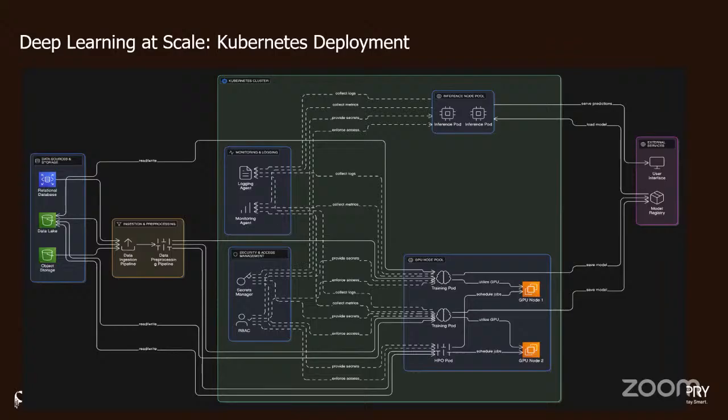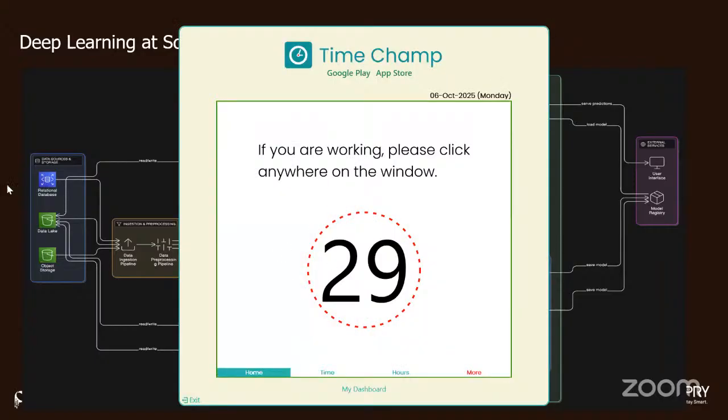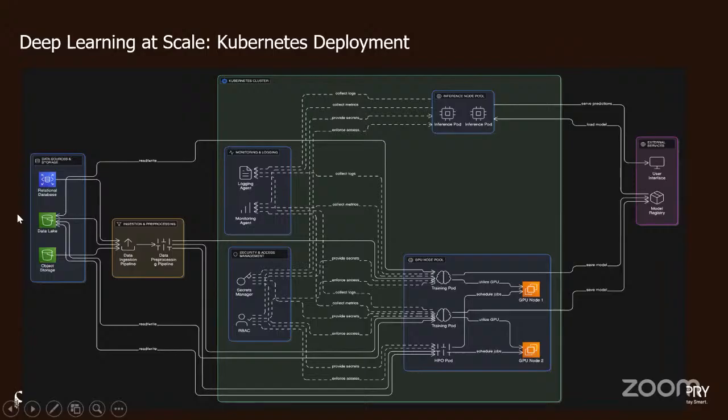So this is the entire workflow of Kubernetes. First, we have the data flows, where all the data will be stored. Once the data is stored, we push it into the data ingestion pipeline. We clean the data in the data pre-processing, and then we have multiple functionalities.